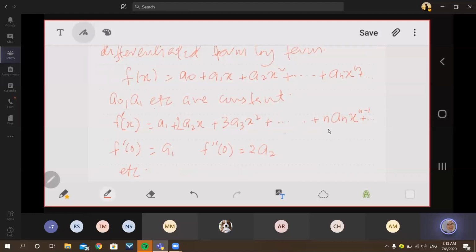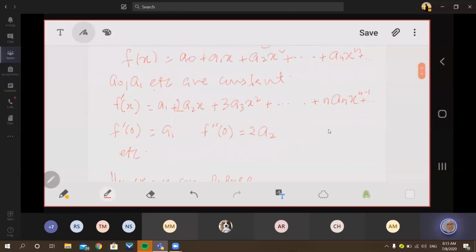So f double prime of naught is correct. But if we have f triple prime of naught is equal to 3a3, correct.